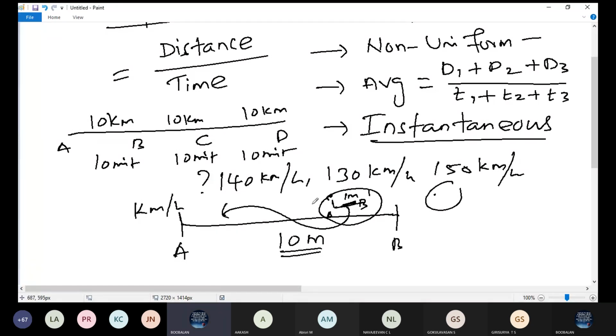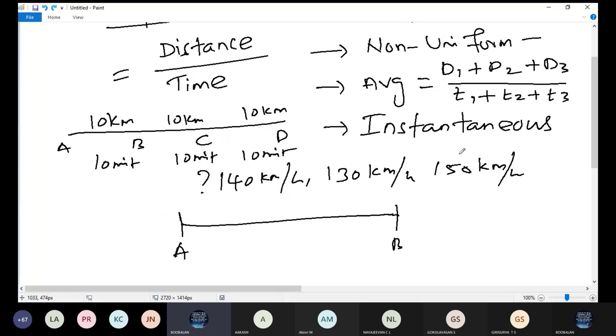In this process, instantaneous, we'll again discuss in detail using the differentiation formula. Integral calculation is there, differentiation calculation is there, and the conversion also. Kilometer per hour converted into meter per second, and meter per second converted into kilometer per hour. In this conversion time, I will explain in detail. Now we know instantaneous means we should measure the speed within a fraction of a second.